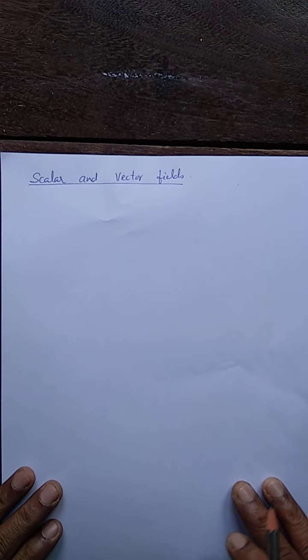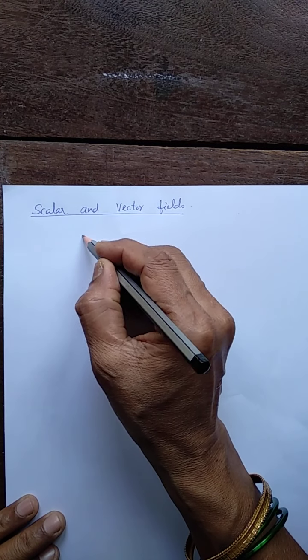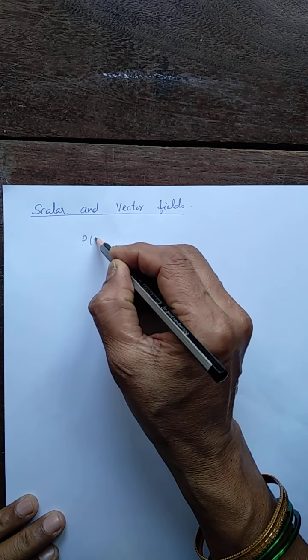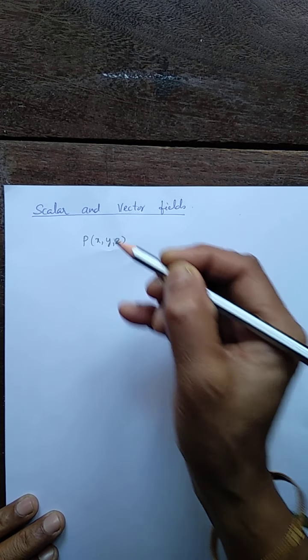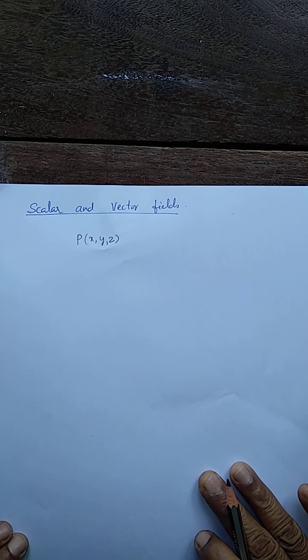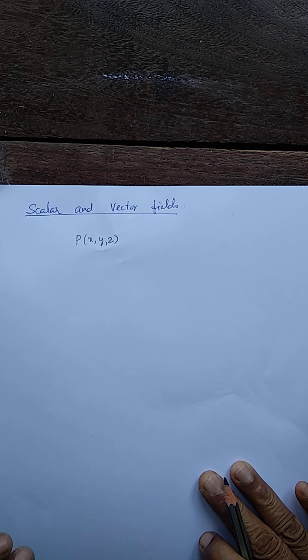Here, if you consider a point in space, say P, it can be specified by the coordinates x, y and z. Suppose there is a point P. In a three-dimensional Cartesian coordinate system, that point can be represented by the coordinates x, y, z.